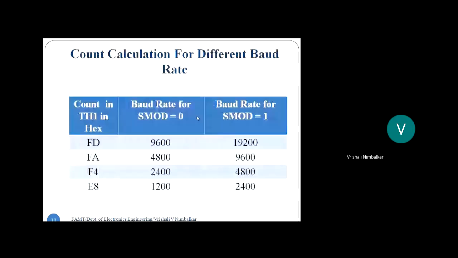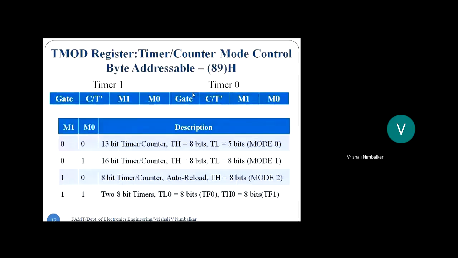Now see here students, as I told you all, while calculating the baud rate, that TH1 register was there in the equation. It means I need to make use of timer 1 in mode 2. Correct. So while doing serial communication, I need to initialize the SCON register, serial control register, as well as the TMOD register.